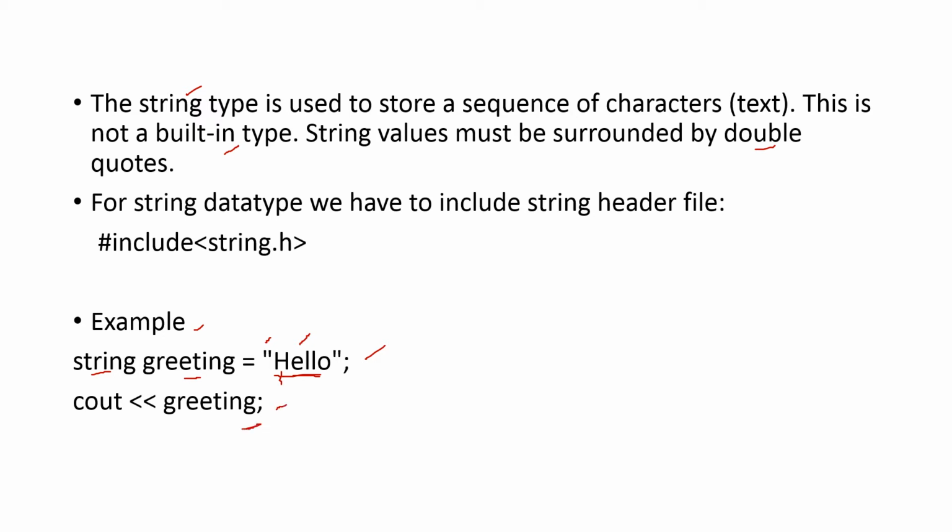Now when you are using string in C++, you have to include the string header file. As usual, at the first line we write hash include iostream.h, right? After that we have to write hash include string.h.